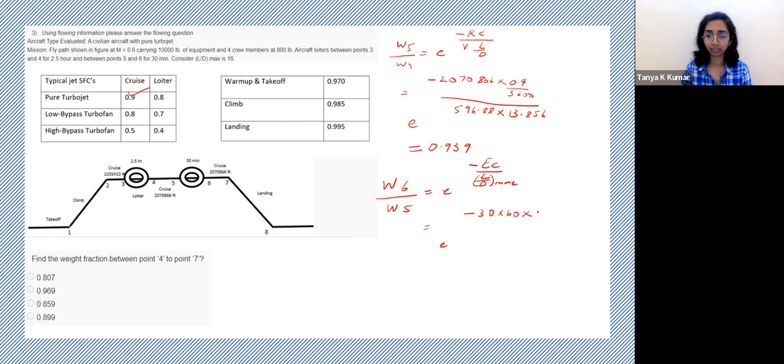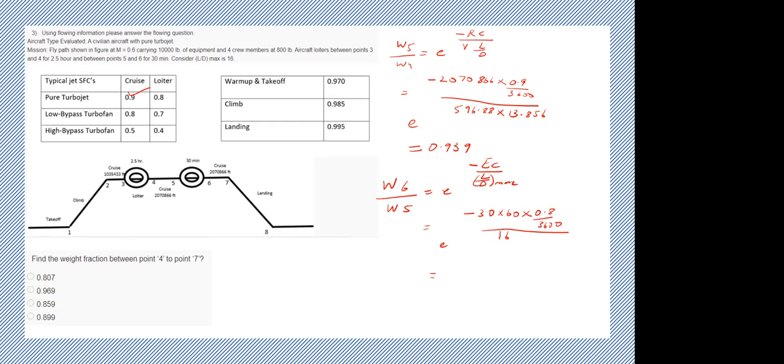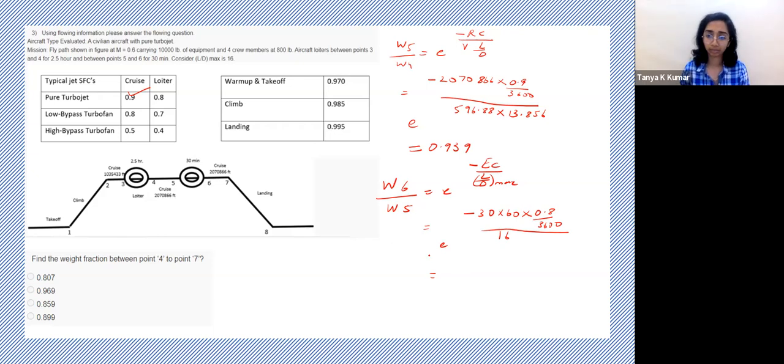Loiter is 0.8, divided by L by dx, 16. This is 0.975.